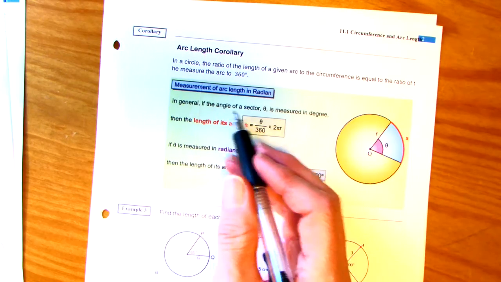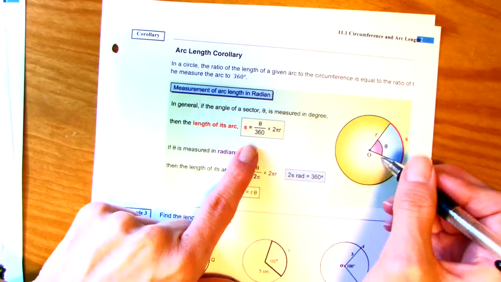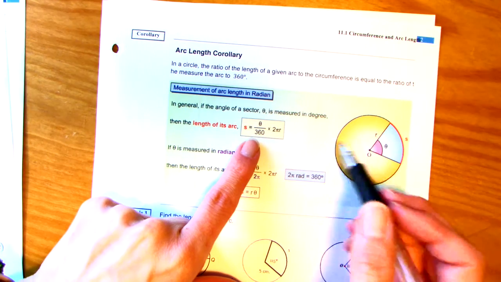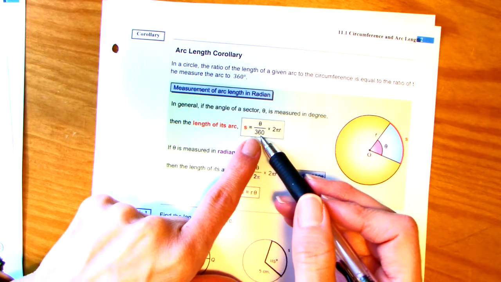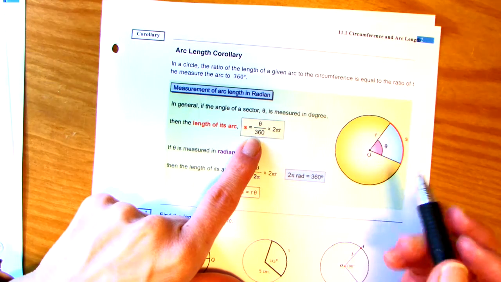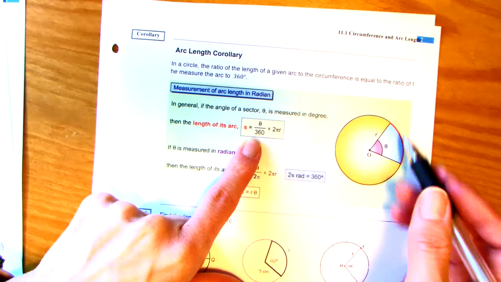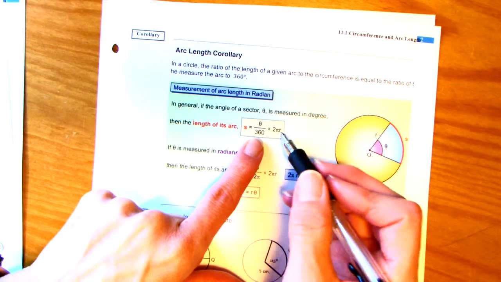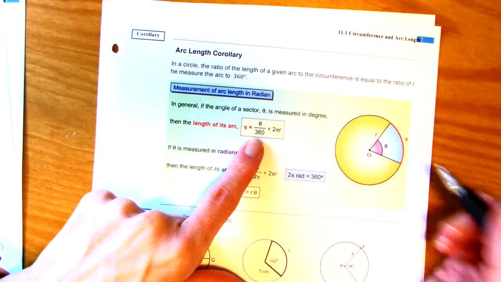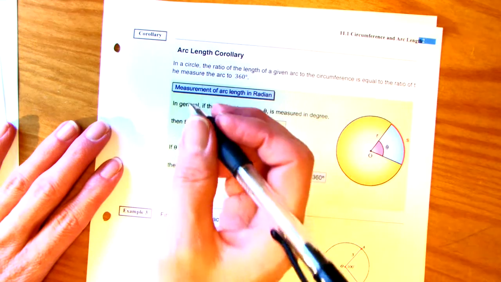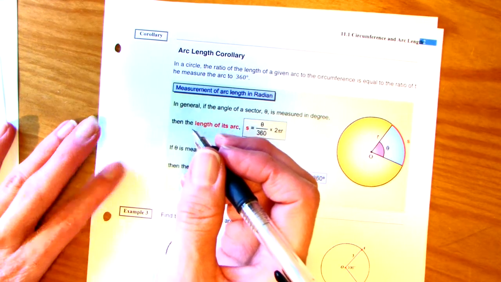So in general, it's the angle of the sector. Let's say S stands for arc length. You're going to take the angle divided by 360 times 2 pi r. So whatever this angle is, say it was 50 degrees, we put 50 over 360 multiplied by 2 pi r, and that will tell us our arc length. Now keep in mind, this is the formula in degree mode.